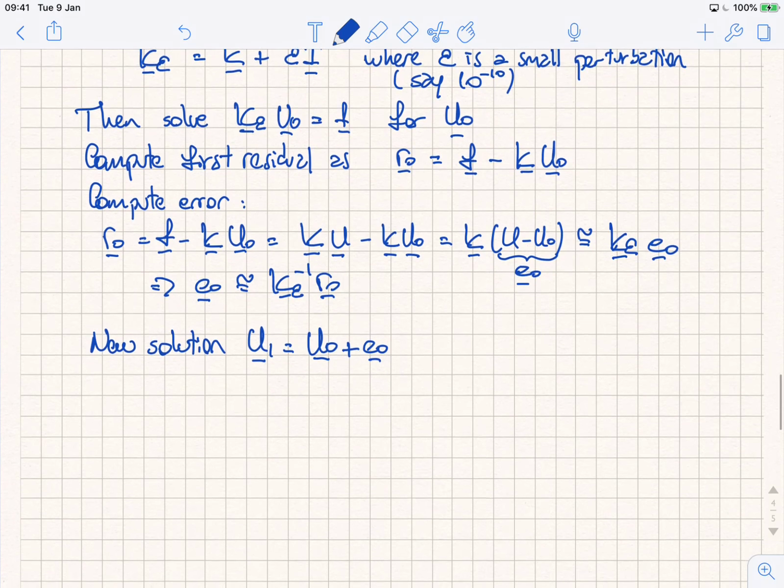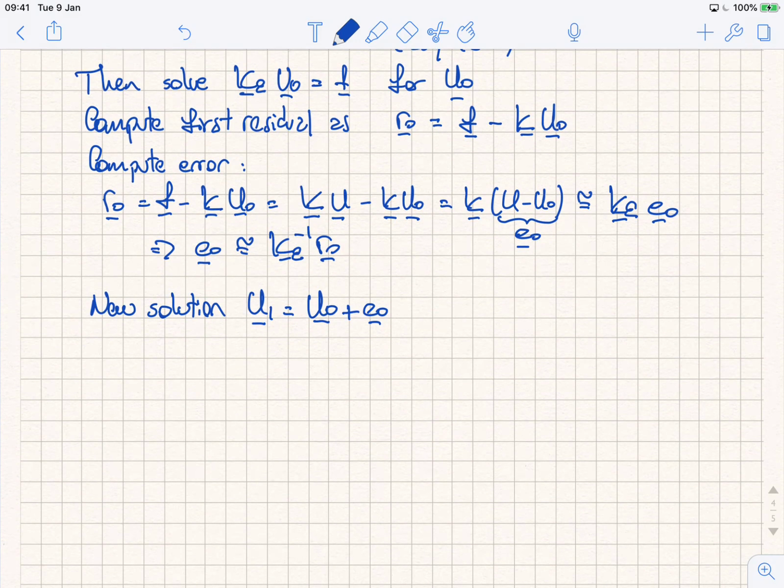So once we have that, we update our solution vector to U1. And that is our improved guess of U. Yeah, and then we continue this process. We get our new value of the residual. We obtain the new value of the error. We update the displacement until basically that residual goes to 0. And that is the iterative procedure that we follow to solve for a singular system.